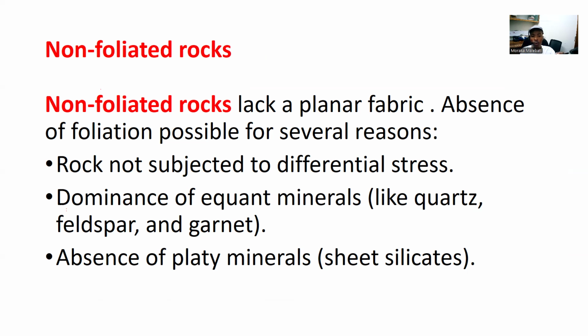They are dominated by equant minerals like quartz, feldspar, and garnet. They are usually formed during contact metamorphism. That is to say, they will not have foliations, but they will have what you call granular texture. These rocks were not subjected to any differential stress.